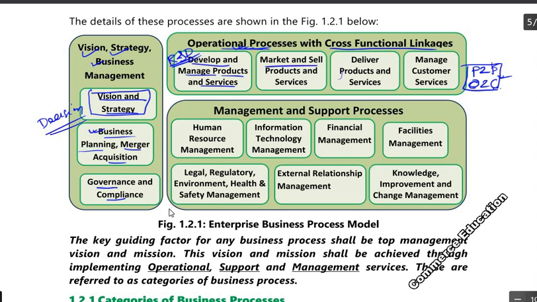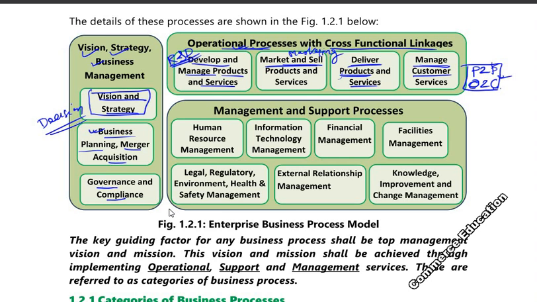And then market and sales. There comes into play the marketing department. Then delivery of product and services. This is the logistic department. Management of customer service can be after sales and service.